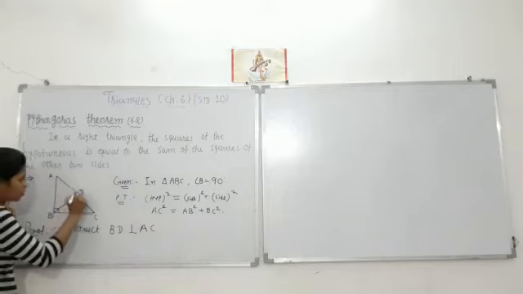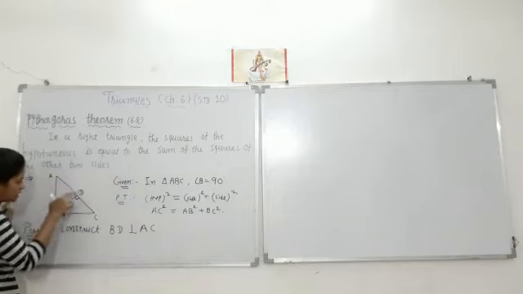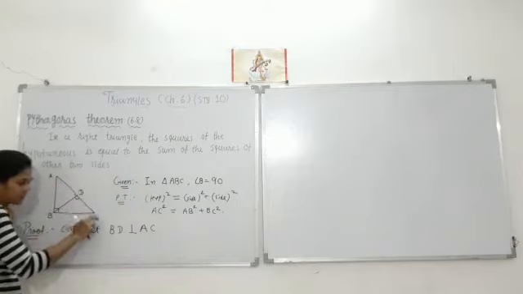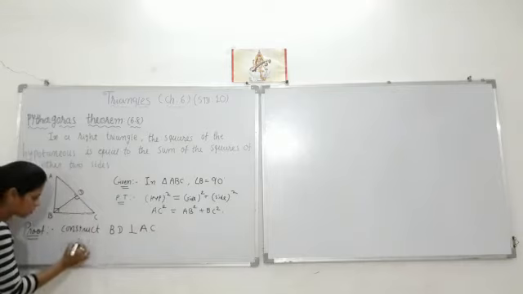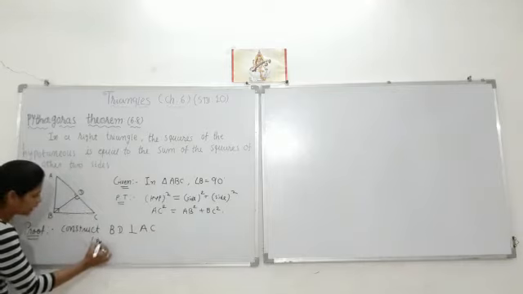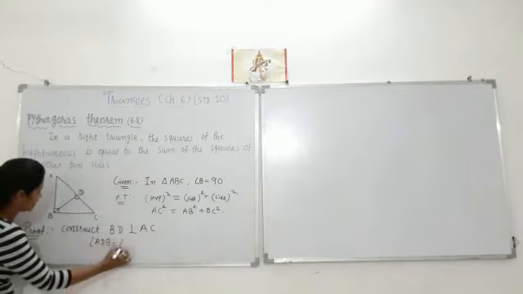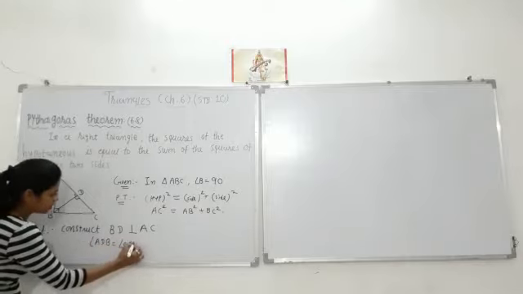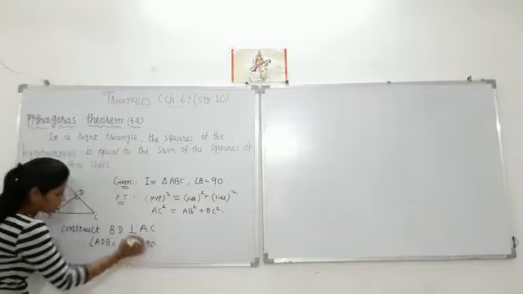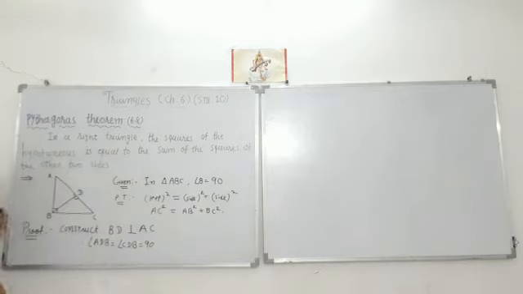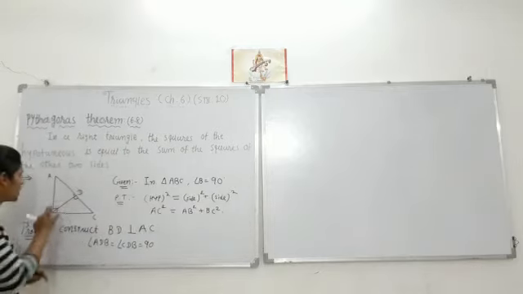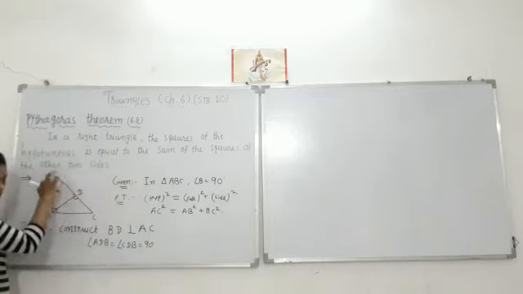BD is perpendicular to AC, that's why definitely this angle is 90 degrees and this angle is also 90 degrees. So you can write, therefore angle ADB is equal to angle CDB is equal to 90 degrees because we construct perpendicular here.